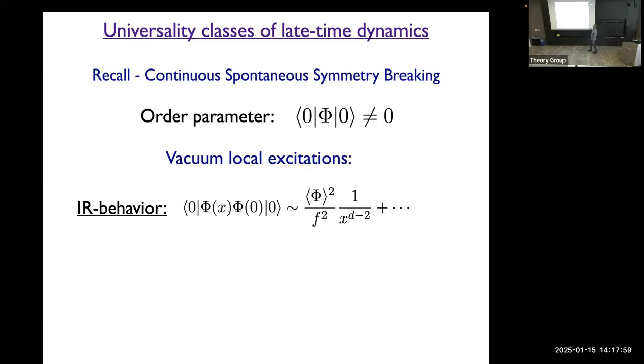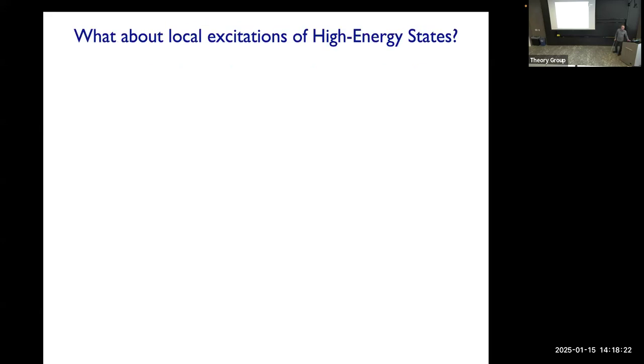And we know something about the fact that we have Goldstone bosons, right? And we can predict the IR behavior of the correlator due to the fact that there's a non-zero value for the order parameter. So we can think of the degrees of freedom as being parametrized by some Goldstone boson effective theory, right? And I think it's an interesting question to what extent any of this is true about high energy states.